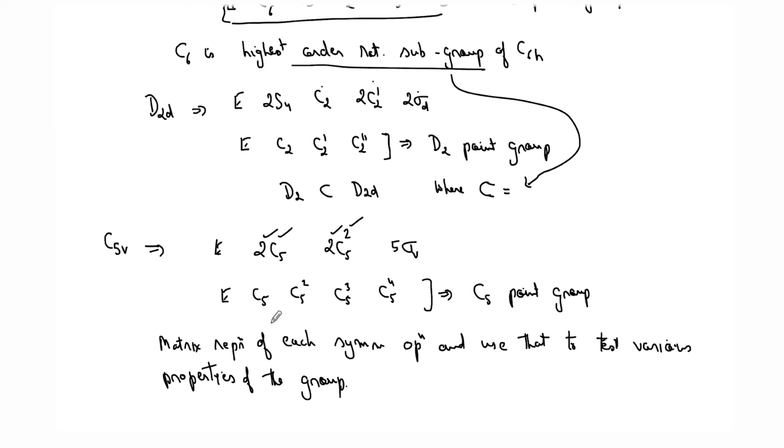So once you do the matrix representation, you don't have to imagine a molecule and do all the operations to find out the property. So take XYZ as the basis, create a matrix representation for all of this, and find out whether all these are following the properties of the group or not, right? So this is one type of question.